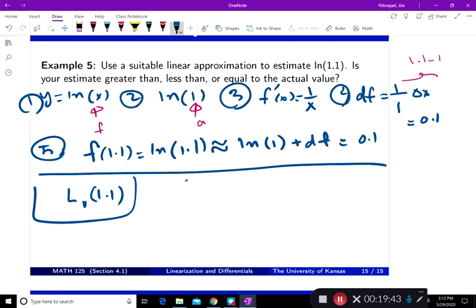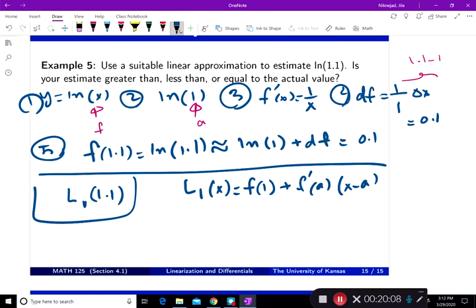And so linearization at 1 of x is equal to f at 1, which is a, plus f prime at a times x minus a.